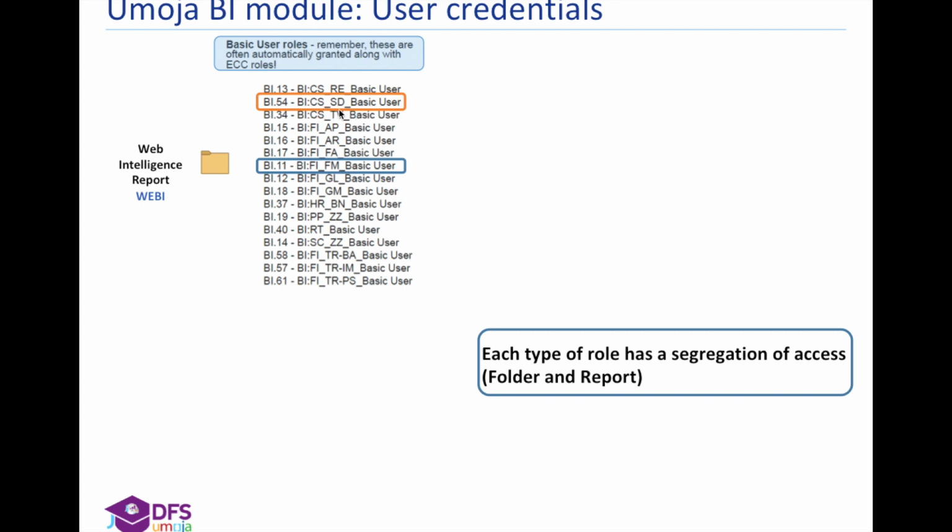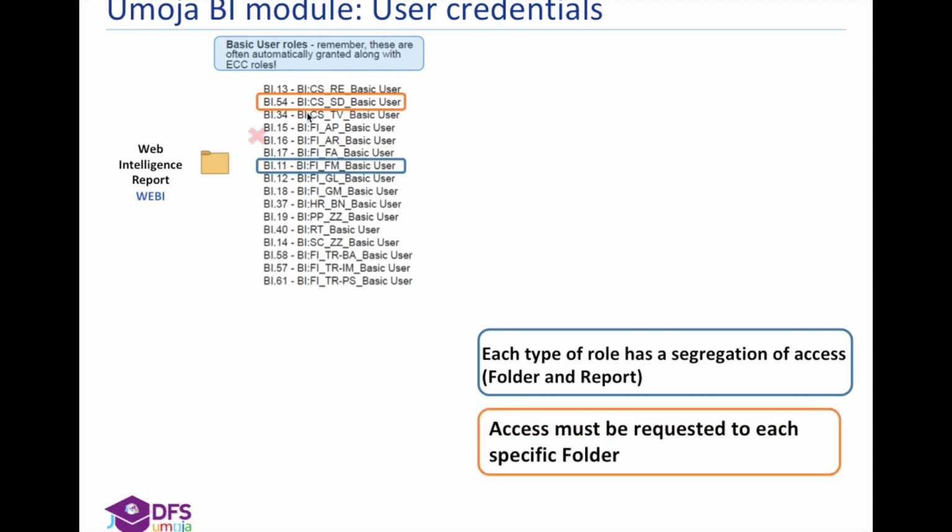For example, here for service delivery, BI 54 basic user role, I would not be able to access the folder because I only have the BI 11 role. So with the BI 11 role for FI FM basic user, I can access this folder specifically for funds management or finance, and I can view the Web Intelligence reports, but I would not be able to access the reports that require a BI 54 role, although I am also a basic user, as you can see here.